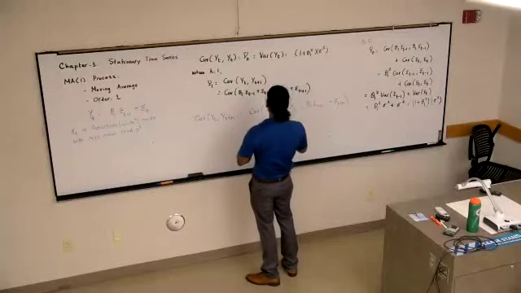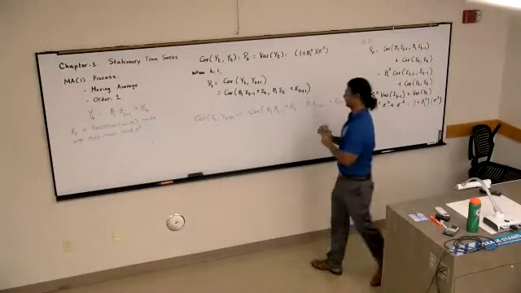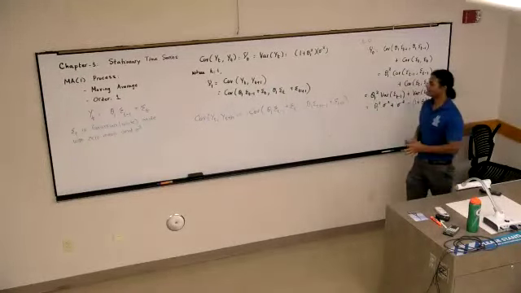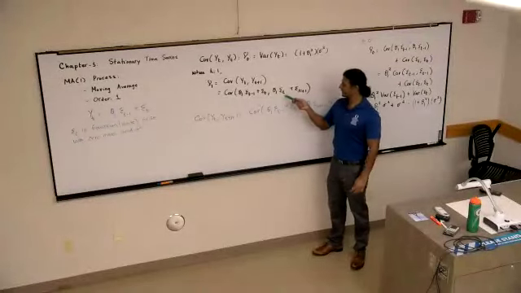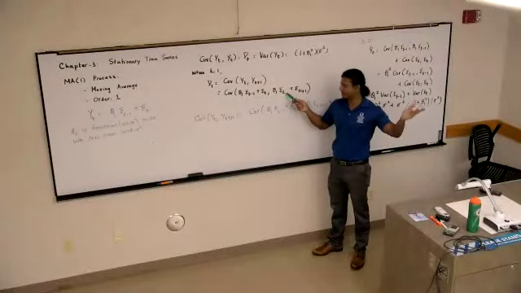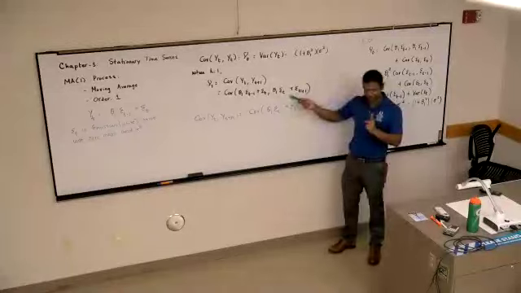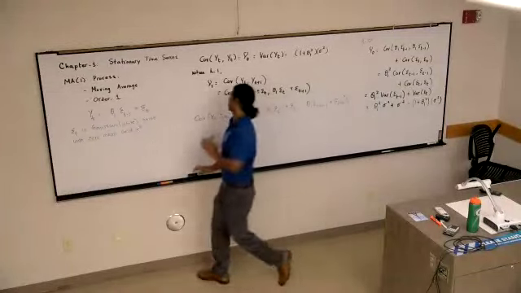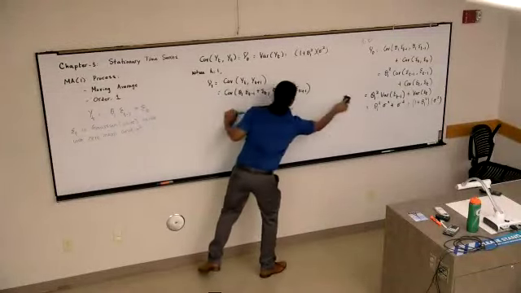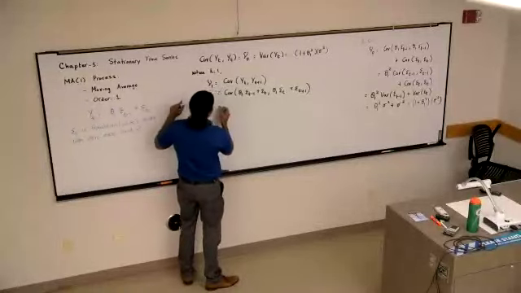Okay, are we okay now? So the index doesn't match there, so I don't care about that term. Index doesn't match there, don't care about that term. Index matches there, so I'm going to stick to that term.